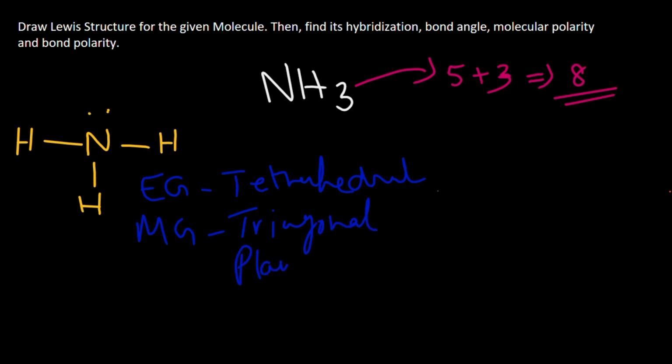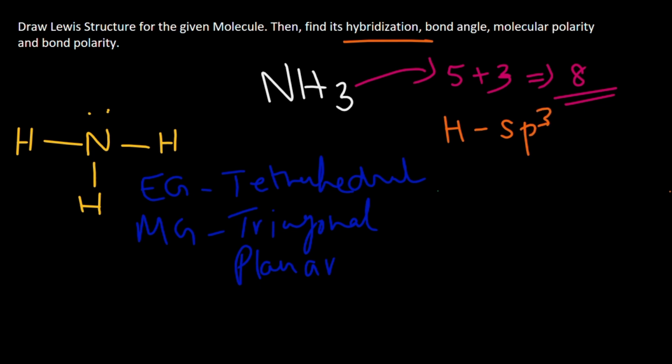So what this means is that our hybridization, I'm just going to abbreviate this as H, is going to be sp3 because it comes under tetrahedral.